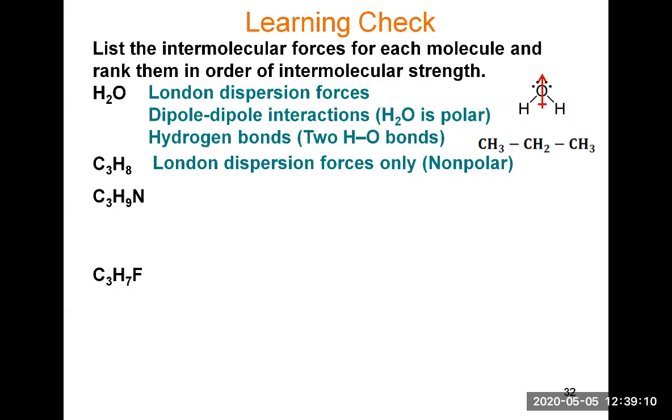C3H9N, we have a partial breakout of the structure here. It shows how we have the same chain of 3 carbons bonded to hydrogens, but there is one carbon that carries a nitrogen, and that nitrogen is bonded to 2 hydrogens to complete its octet.